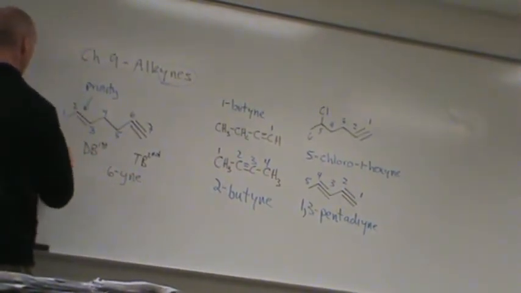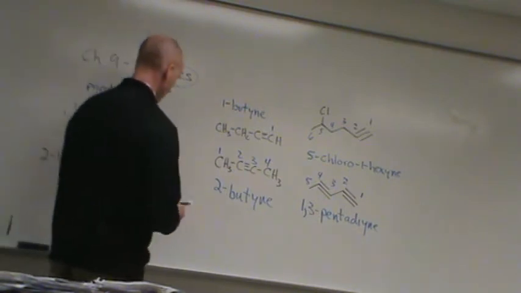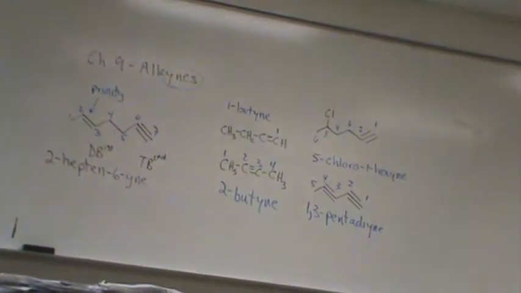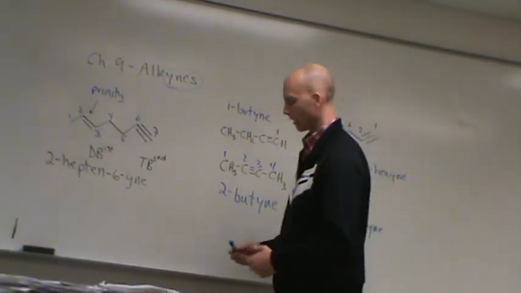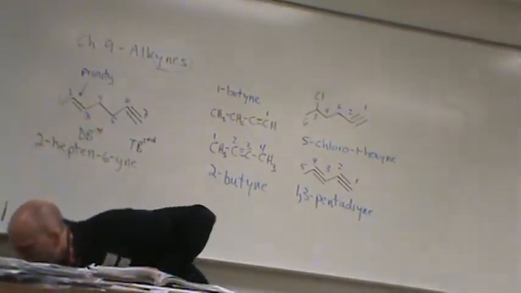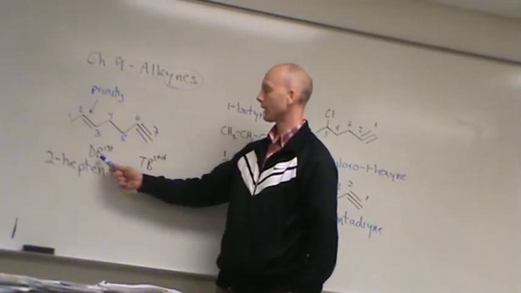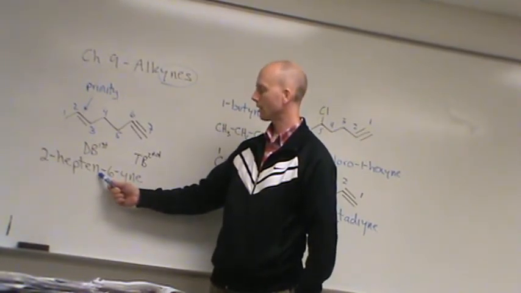Sorry about that there. You get 2-hepten-6-yne. Okay? So the 2 tells me where the double bond is. Note I dropped the E off for the alkene.